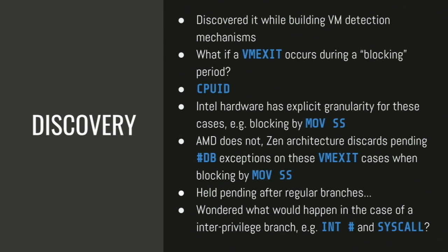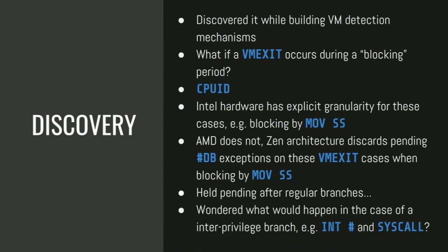To expand on that, my thought was, well, what would happen if we had a MoveSS and then a pending DB and then a branch? What happens is if you have MoveSS or PopSS and it accesses memory followed by a branch, right after that instruction, it fires an int1.